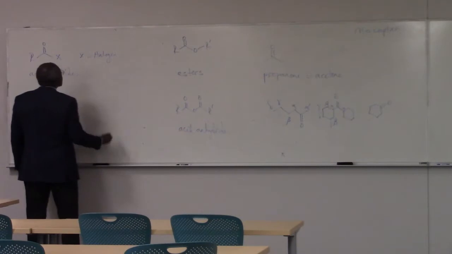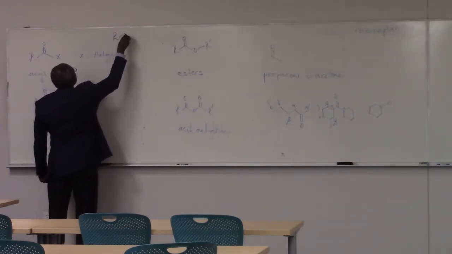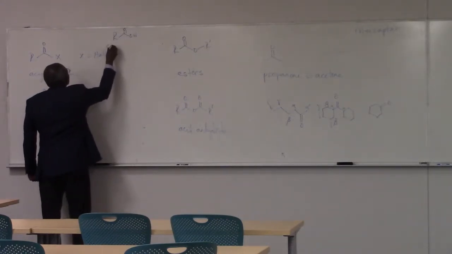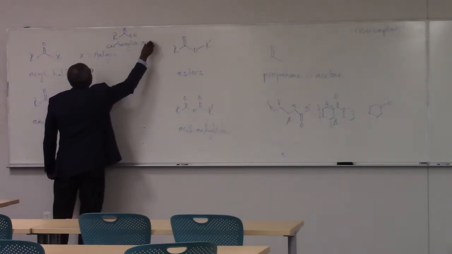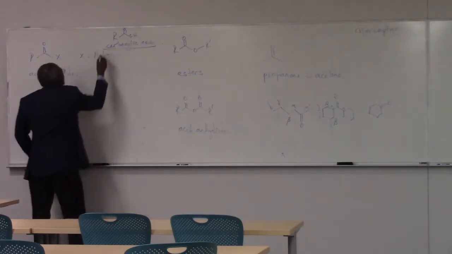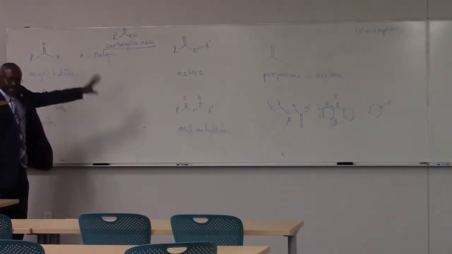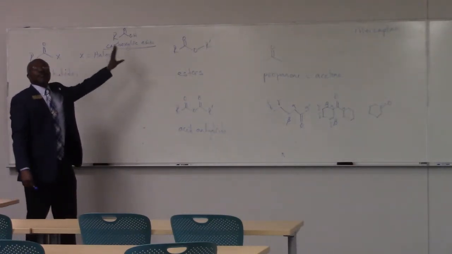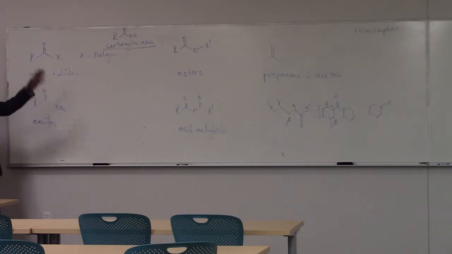And all of these can be born from these compounds, which are called carboxylic acids. Carboxylic acids are considered the parent of this set, so they're all carboxylic acid derivatives, because in the bad old days, and even now, you could make them from the carboxylic acid.